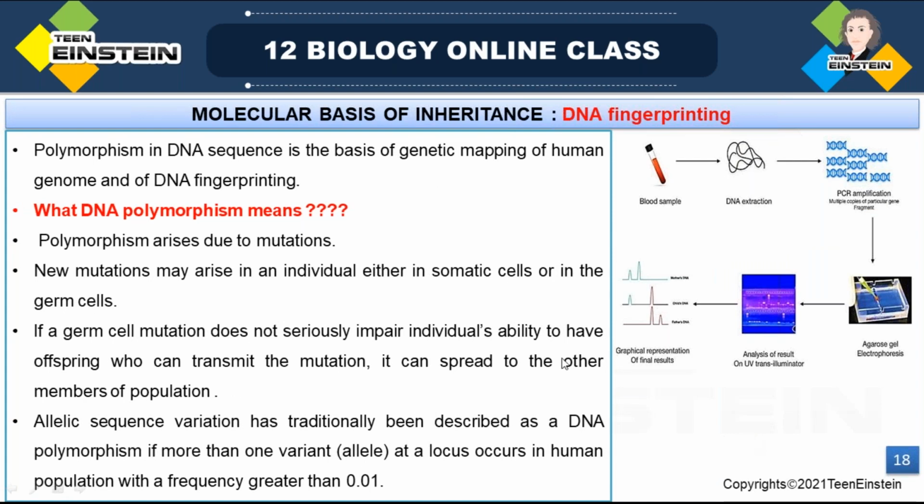Then polymorphism. We have discussed DNA polymorphism, which is the basis of genetic mapping of the human genome. Based on that, DNA fingerprinting also works.